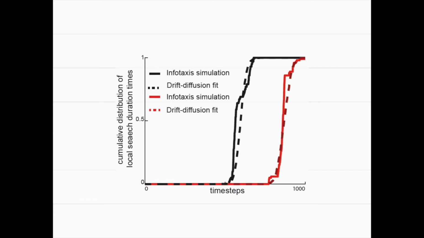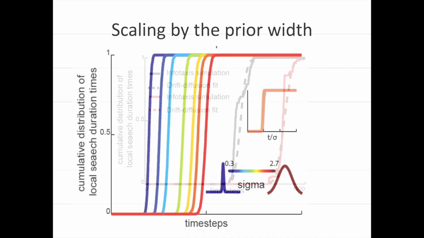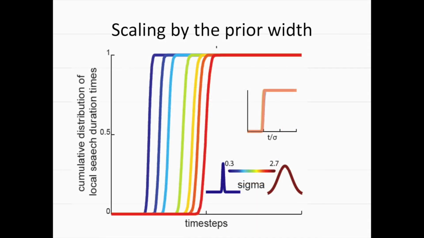Interestingly, we can approximate the full information calculation with just a drift diffusion model. By adjusting the slope of this drift diffusion model, the animals could mimic or approximate the information-theoretic solution.